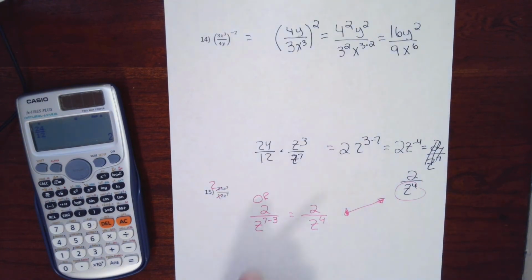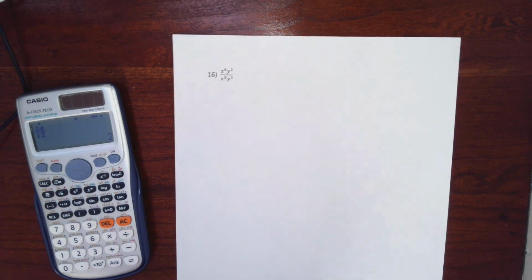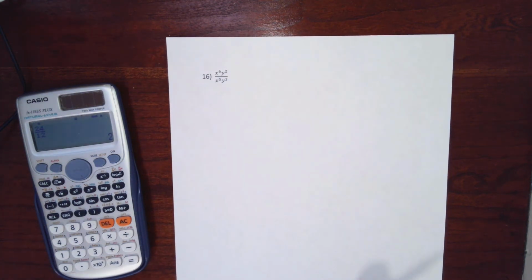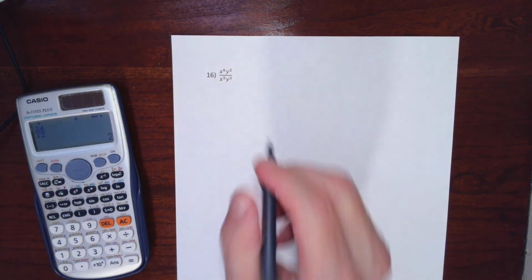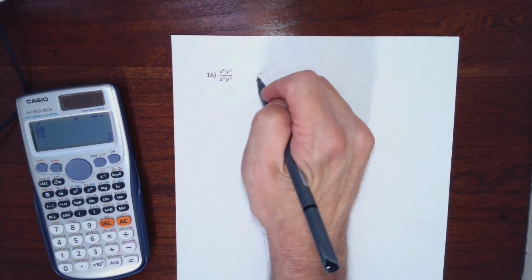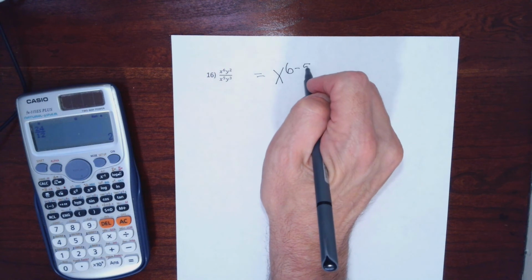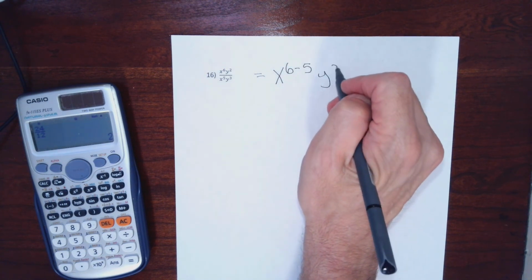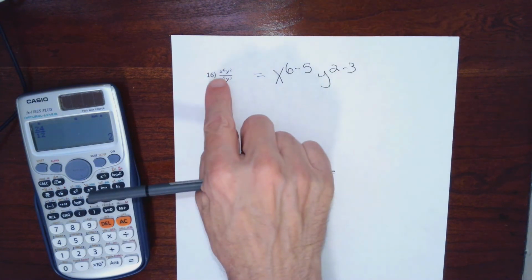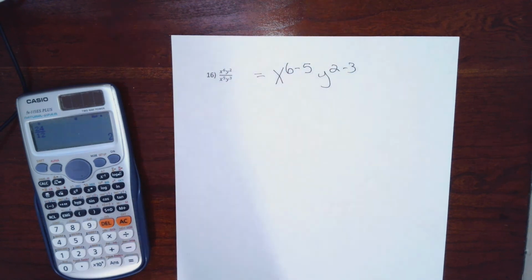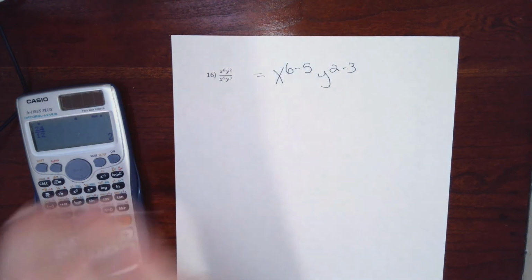This is another problem where I might just write the answer down without any work because the steps are kind of minimal. So I'm going to do 16 two ways. The proper way to do 16 is to subtract the exponents for the x's and subtract the exponents for the y's. Because if you're dividing and the bases are the same, you subtract the exponents.